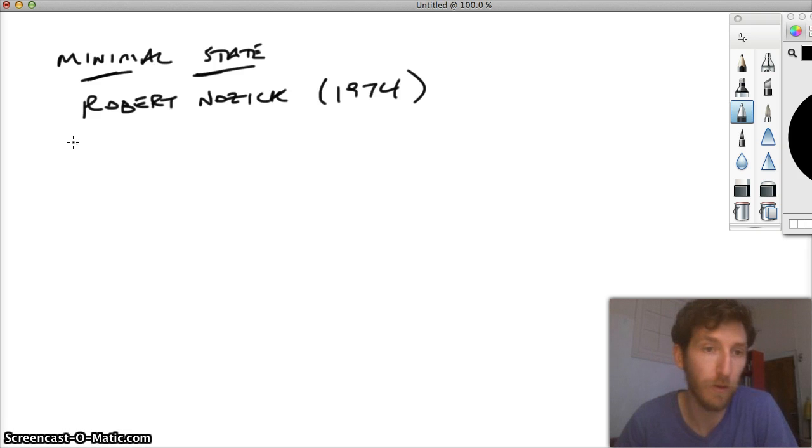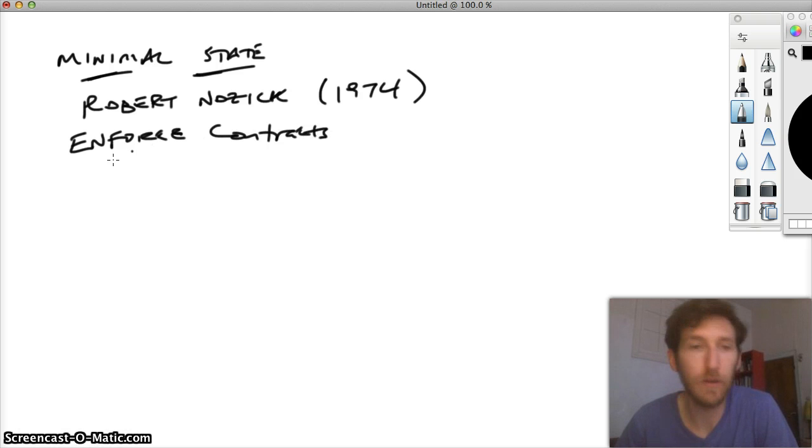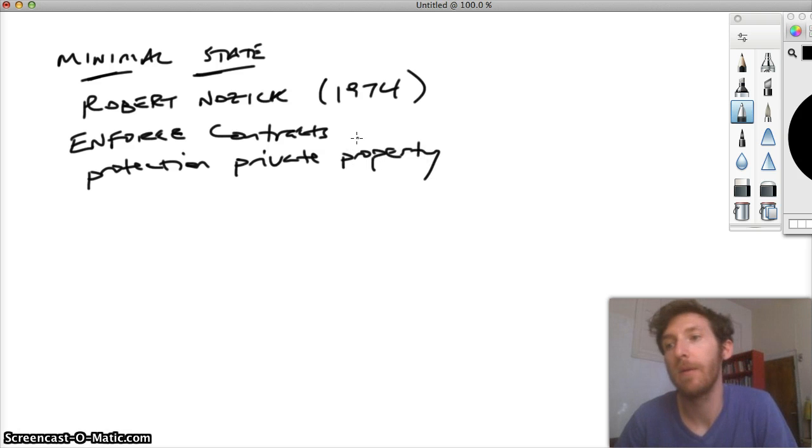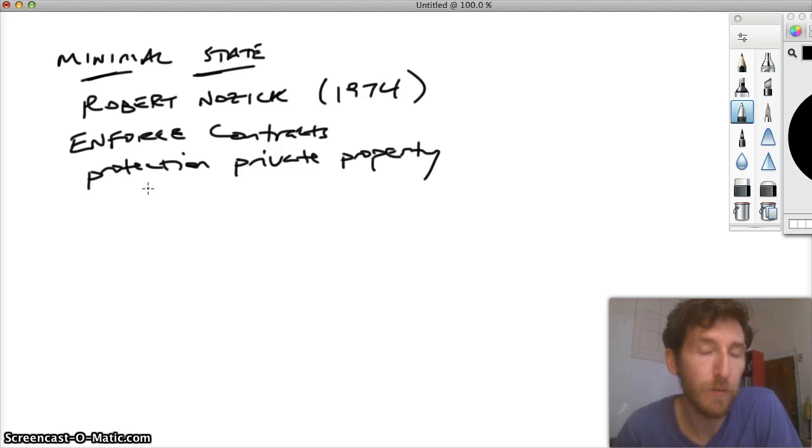So what does it look like? Well, there would have to be agencies to enforce contracts. There would have to be the protection of private property. And we might need agencies in order to keep the peace generally.